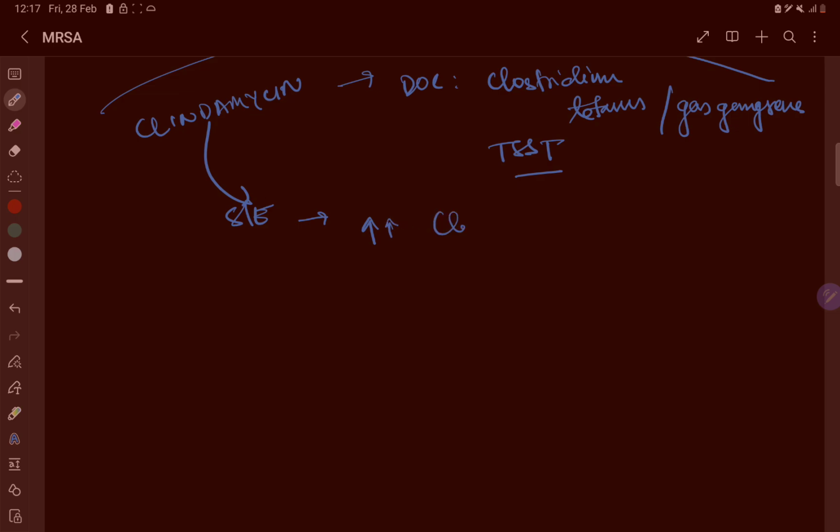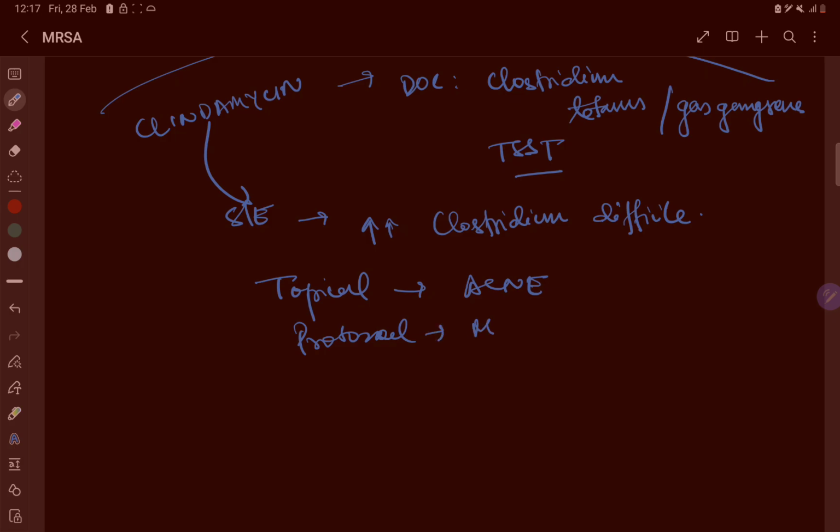Increase in the Clostridium difficile. ठीक है. Used as a topical cream for acne and for protozoal infection like malaria and pneumocystis. ठीक है.